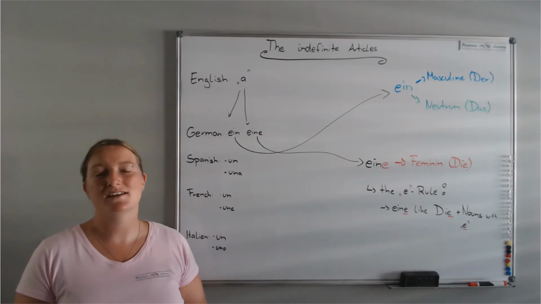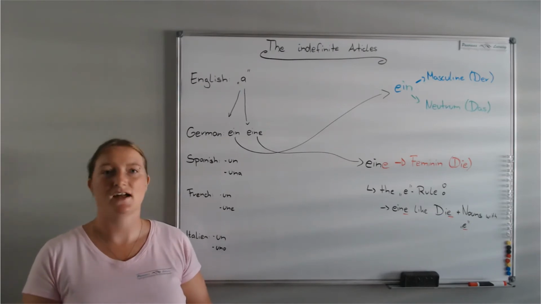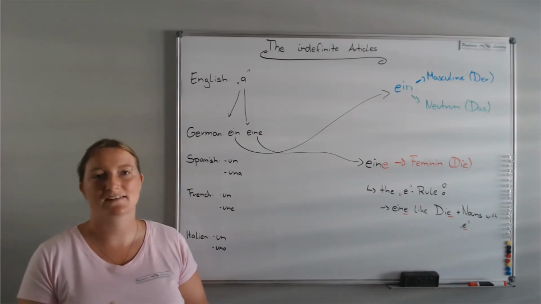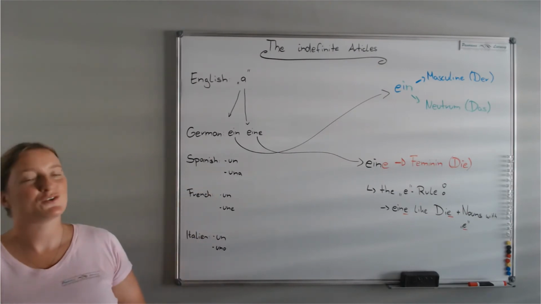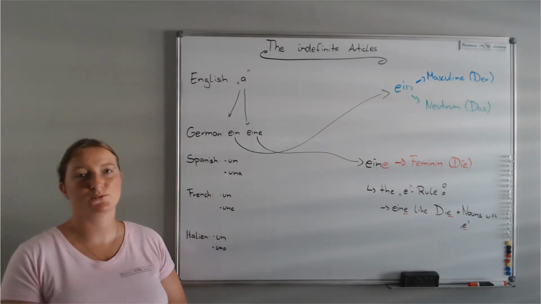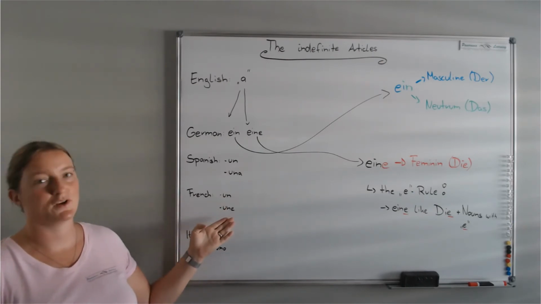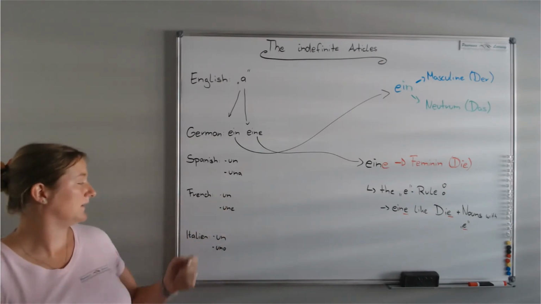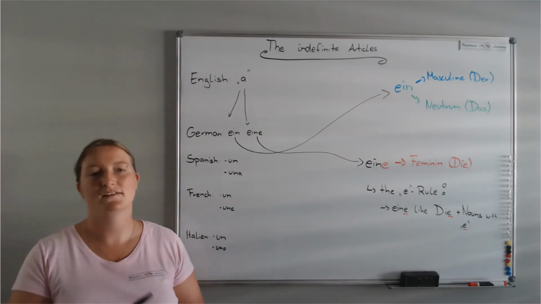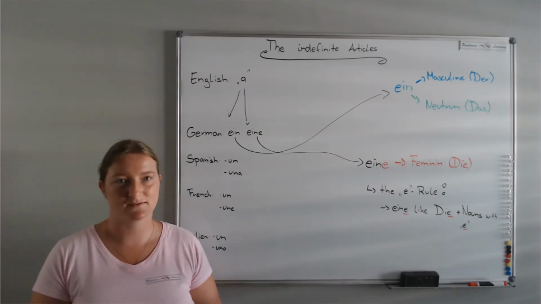And two indefinite articles are not unusual for languages. Let's have a look at Spanish, for example. They use un and una. French uses un and une. And Italian has un and uno as indefinite articles.